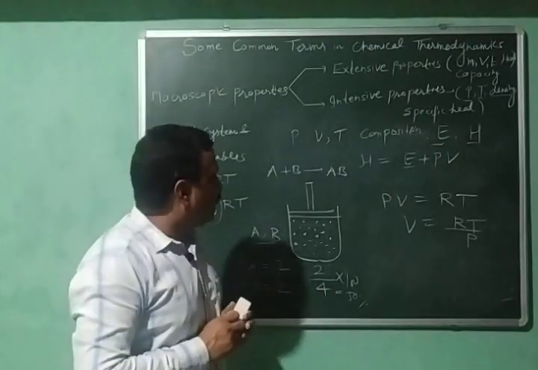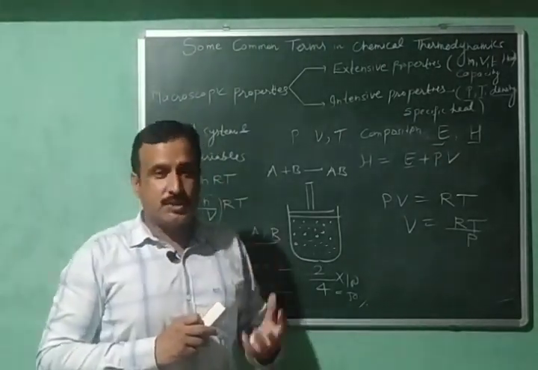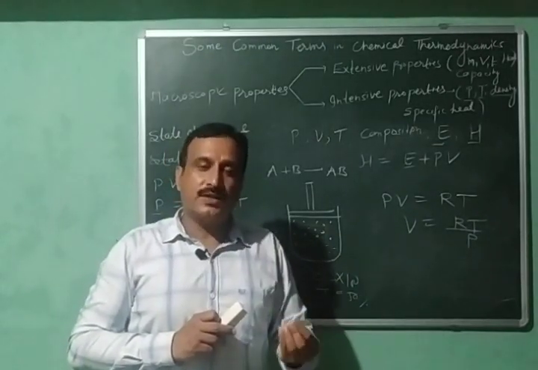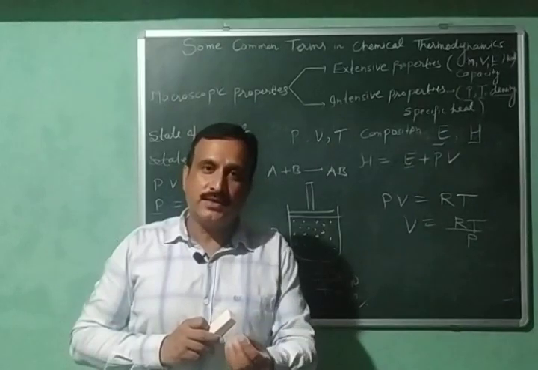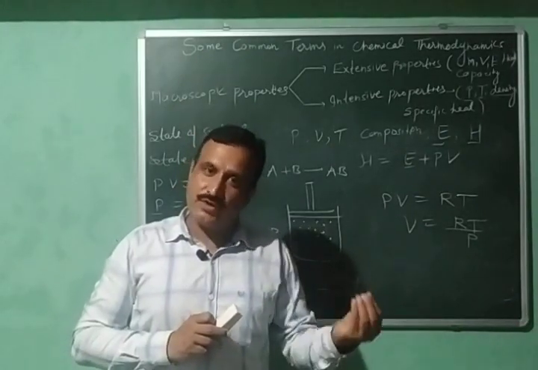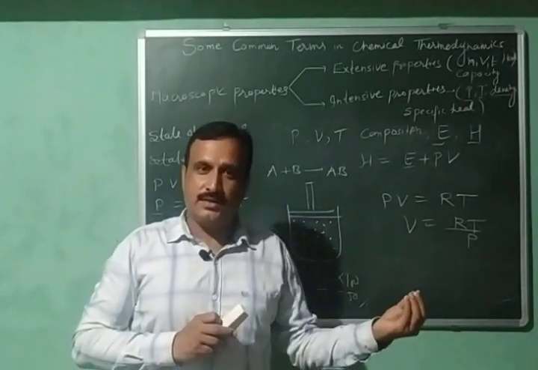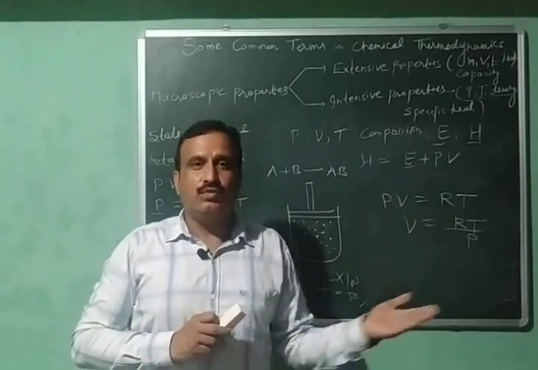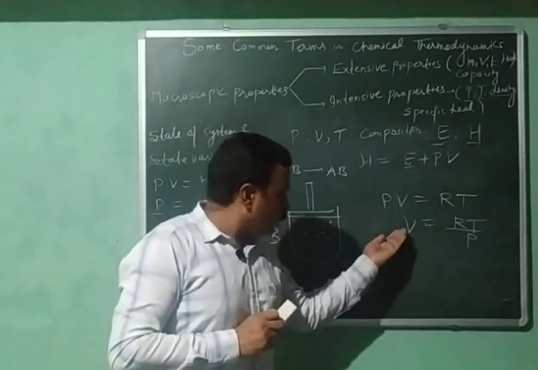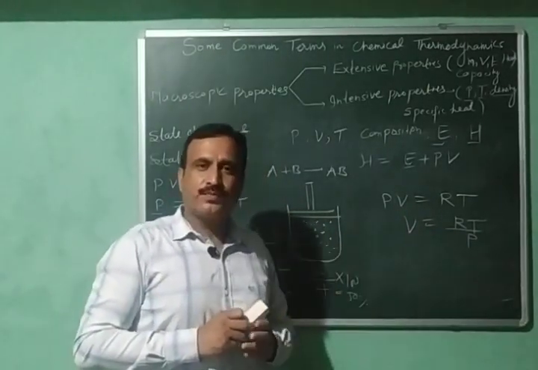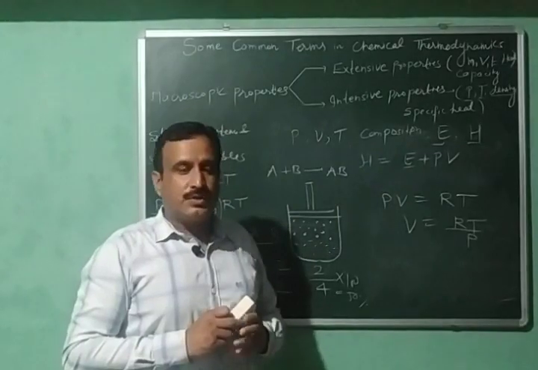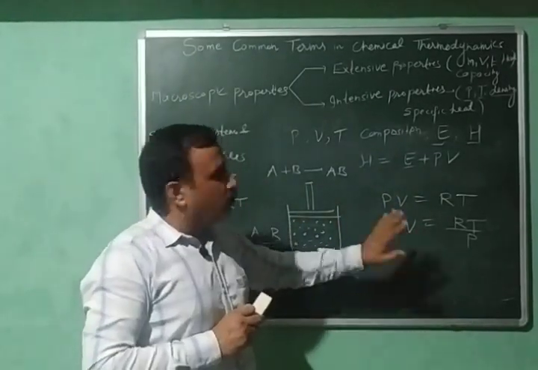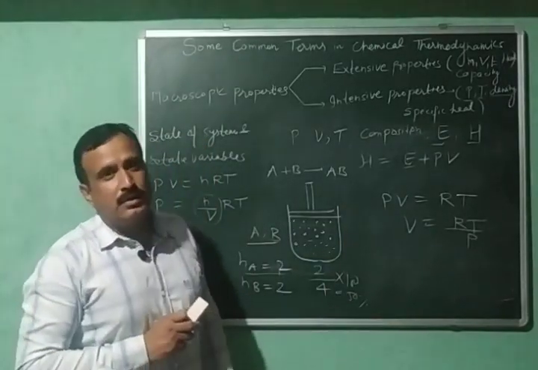Okay, so when we have such a homogeneous system, then only two variables are sufficient to define its state. Temperature and pressure are sufficient to define its state, because if temperature and pressure are fixed, then volume is automatically calculated or fixed. Okay, so temperature and pressure are independent variables and volume is a dependent variable.